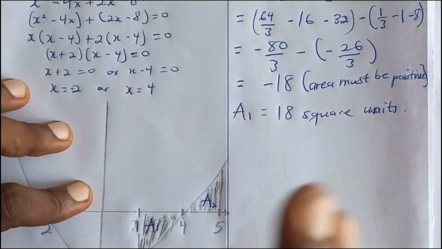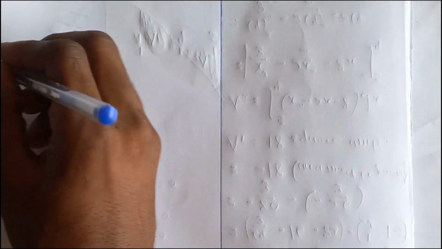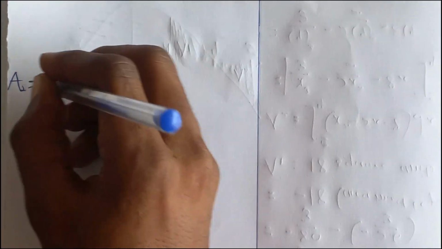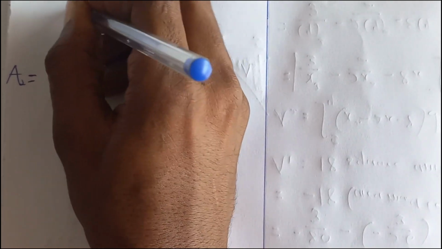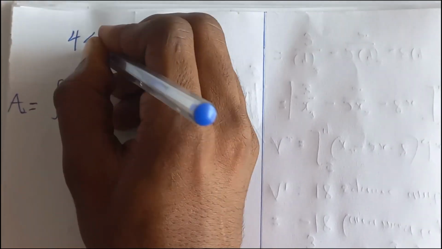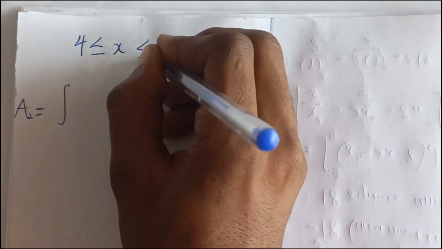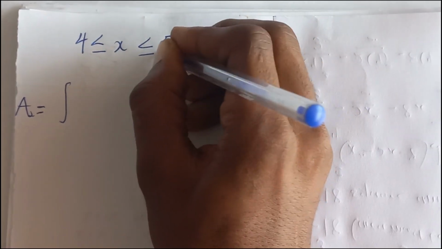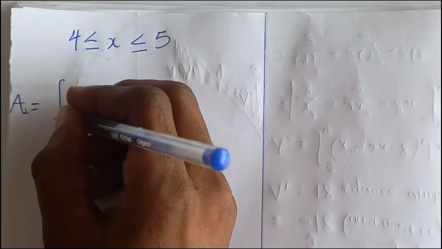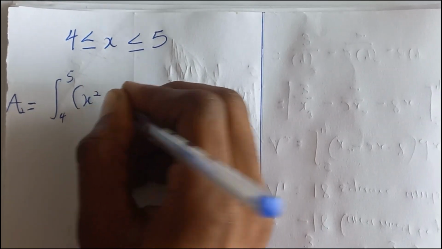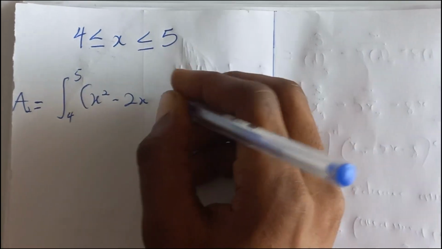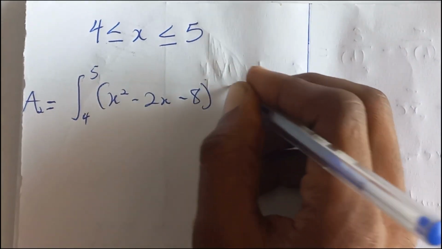So please note, let's calculate the area for A2. So we say A2. The boundaries: 4 is less than or equal to x, and x is less than or equal to 5. So this was the boundary, 4 to 5, of x squared minus 2x minus 8 dx.